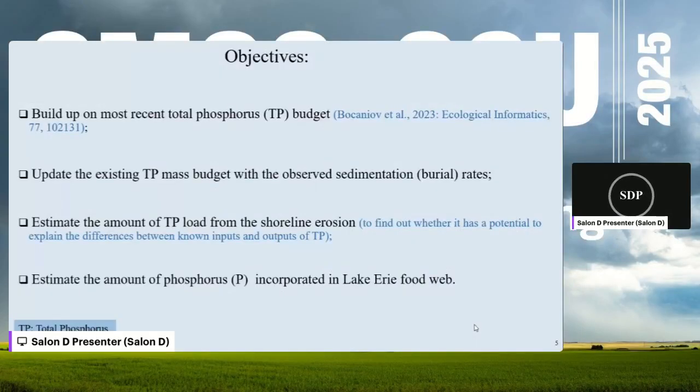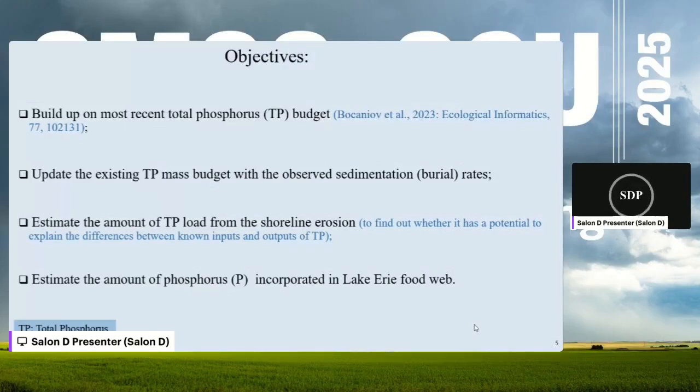So we decided to use the phosphorus mass budget to understand what might be behind those eutrophication symptoms in the lake. We decided to build on the most recent total phosphorus budget, published in 2023 in Ecological Informatics, and to update this existing mass budget with the observed sedimentation burial rates of phosphorus.